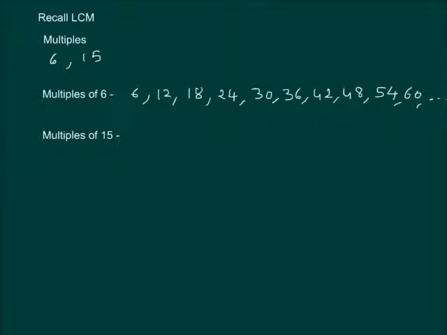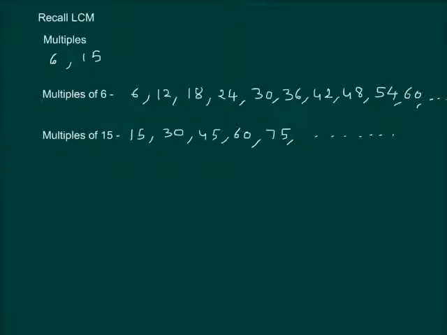Let us find the multiples of 15. 15 into 1, 15, 15 into 2, 30, 15 into 3, 45, 15 into 4, 60, 15 into 5, 75, and so on.